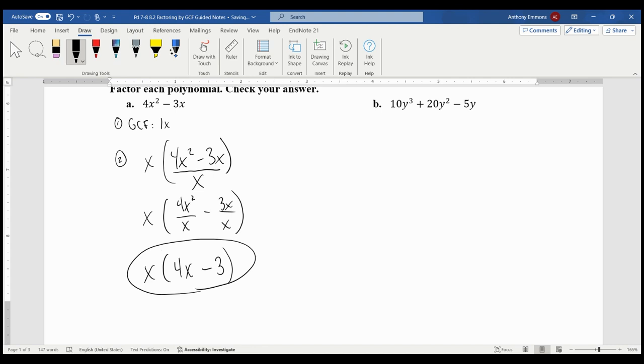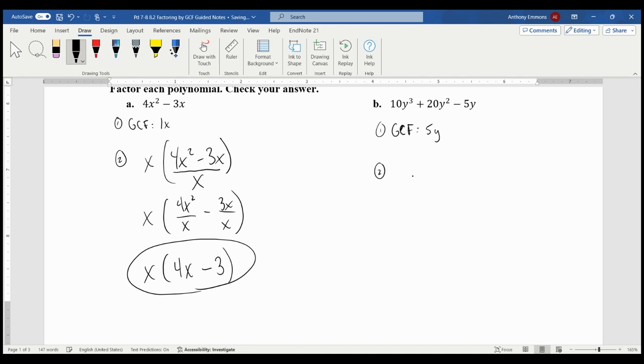In B, same deal. When there's a trinomial, we're first looking to find the greatest common factor. Between 10, 20, and 5, I believe the greatest common factor there is a 5. Now, between y cubed, y squared, and y, we're going to come up with a single y.